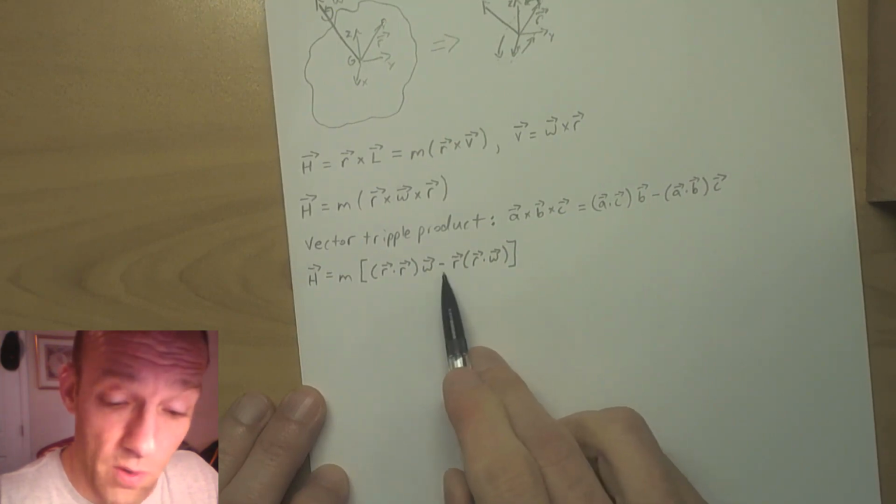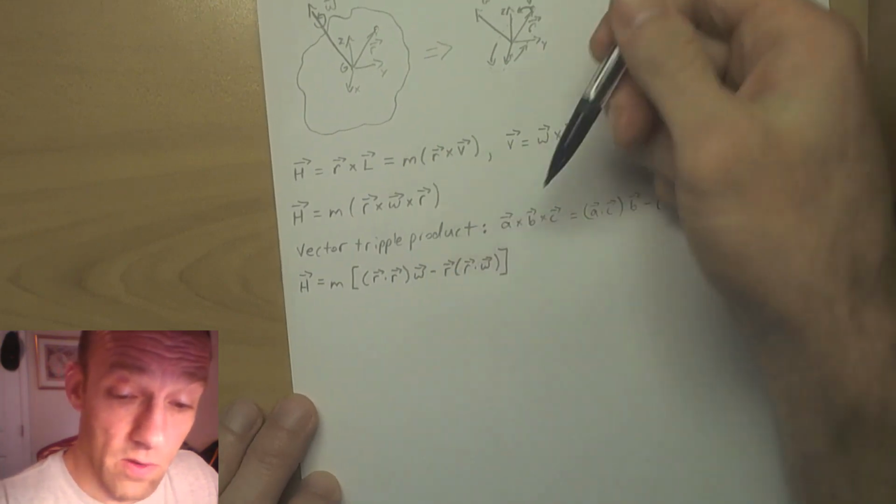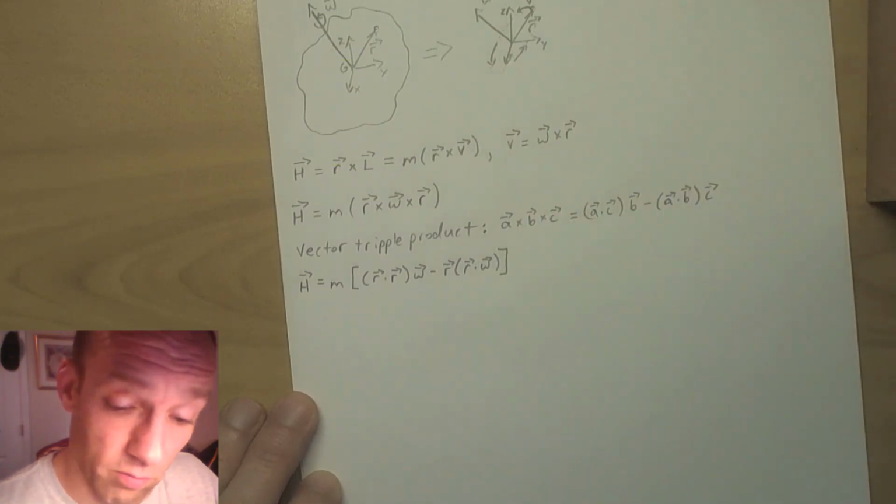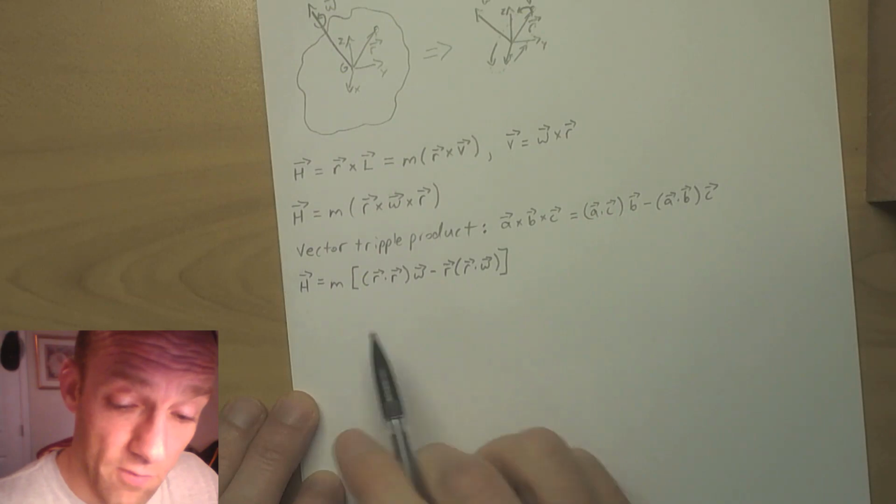There's also a component pointing in the opposite direction as r, and given by this relationship.